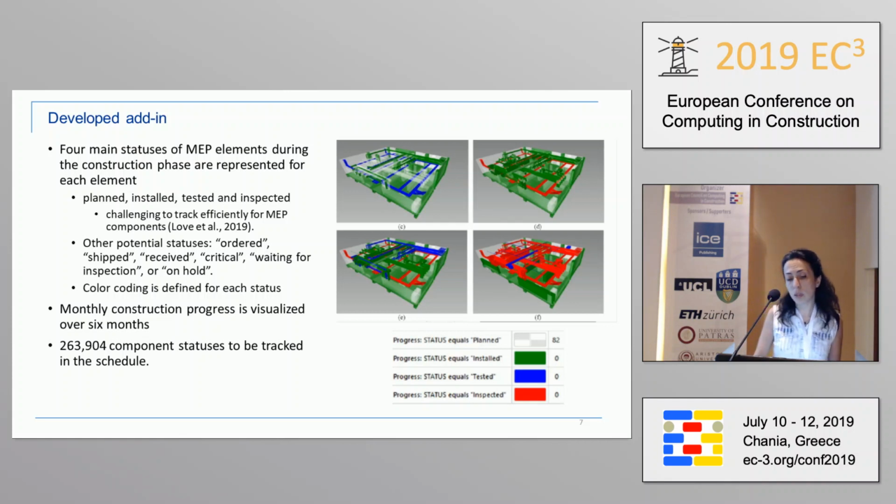You can also include other types of statuses such as ordered, shipped, received, or critical components. We visualized the progress over 6 months, and there were about 263,000 component statuses to be tracked in the schedule.